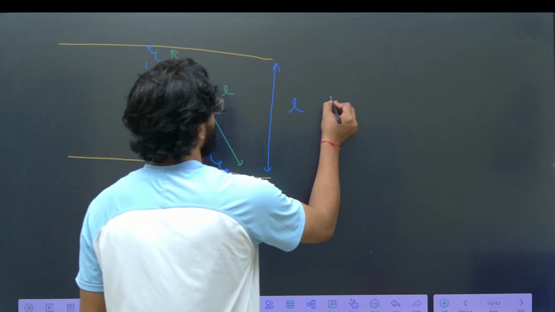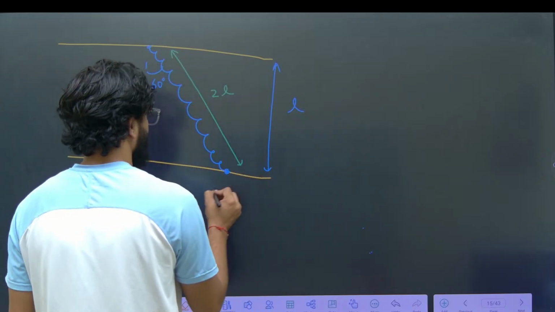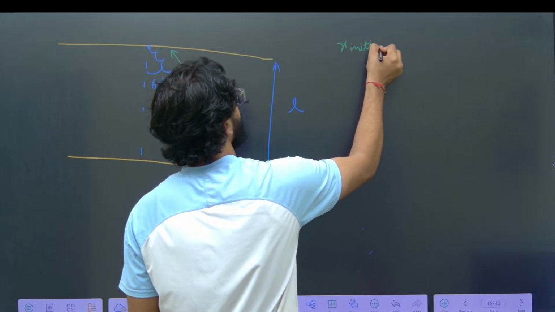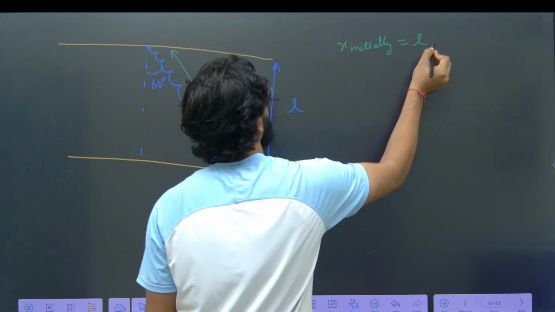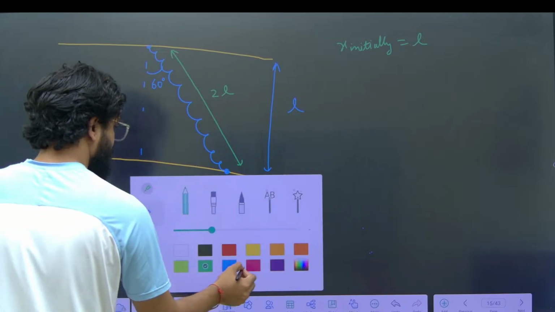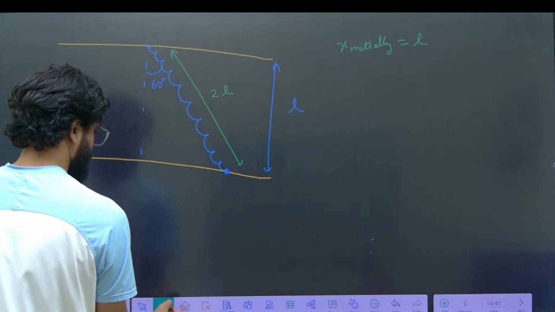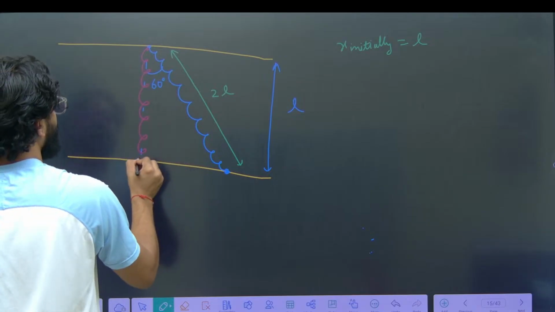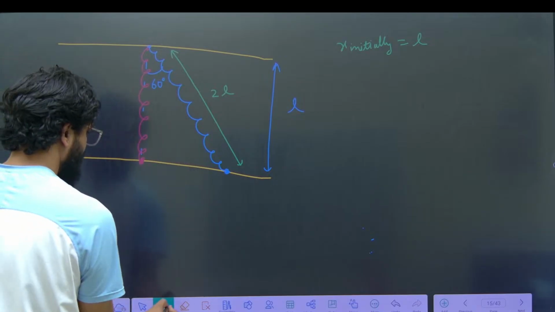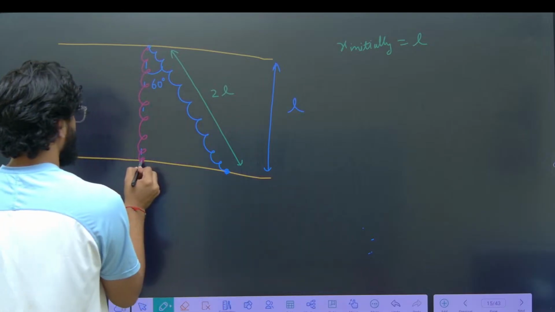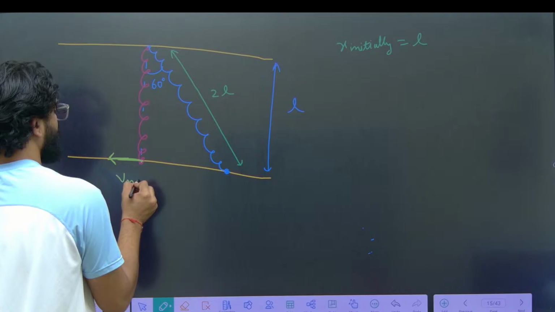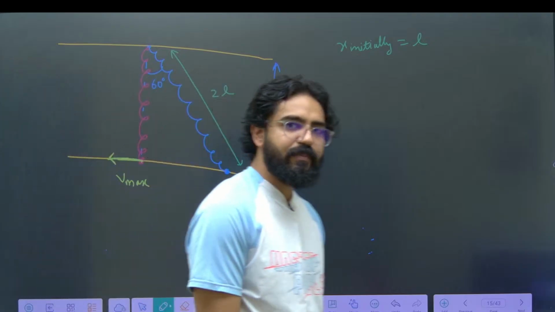So over here we can say initially x, which is the extension, will be L. Okay, so when this spring reaches over here, the particle will attain Vmax. Okay, so can we calculate that Vmax first?